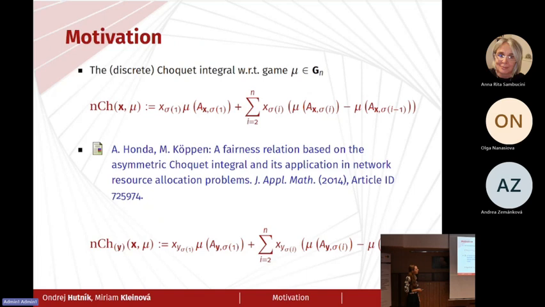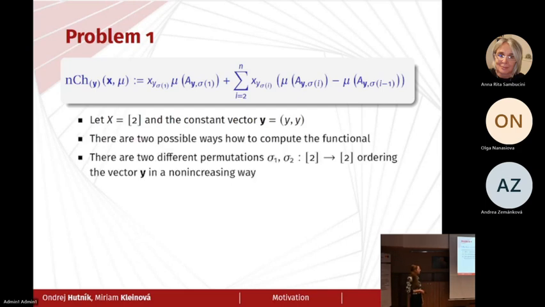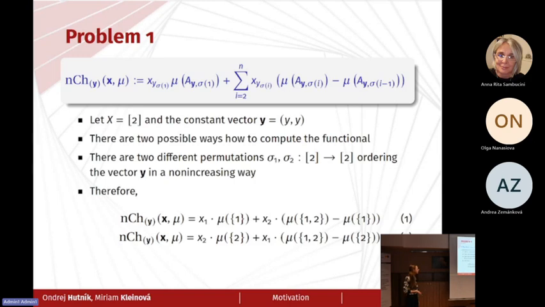This idea motivated us also, but we consider a two-dimensional basic set X and a constant vector y. Then it is easy to see that there are two possible permutations which rearrange vector y in non-increasing way, and therefore we have two possibilities how to compute Honda's functional.